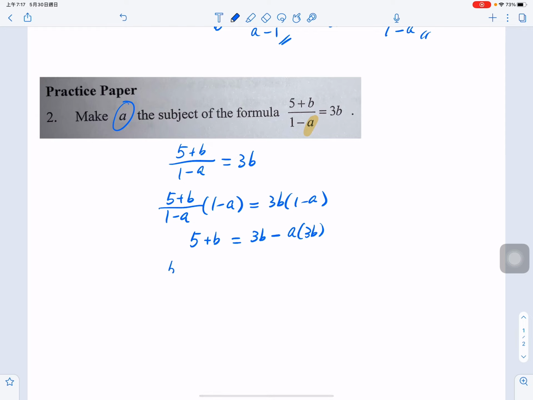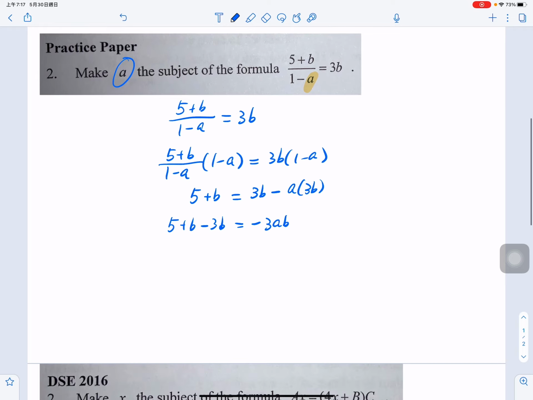So 5 plus b minus 3b, here negative 3ab, right? So a is the subject, so a over negative 3ab, both sides divided by negative 3b. Okay, so 5 minus 2b over negative 3b.